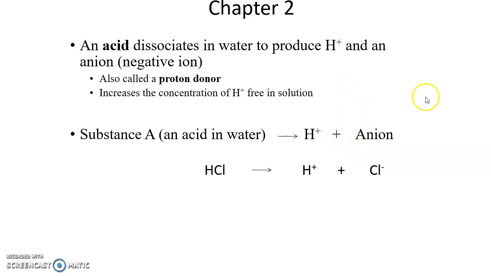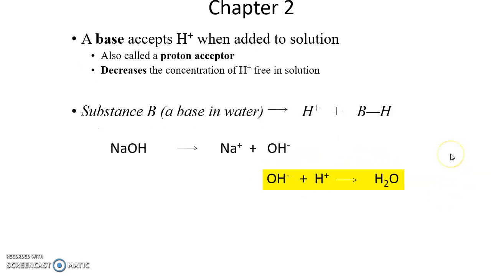Acids are electrolytes that dissolve in water and produce a hydrogen ion and an anion. So acids generate hydrogen ions. So for instance, hydrochloric acid will dissolve in water to form hydrogen ions plus negatively charged chloride ions. Bases, on the other hand, dissociate into electrolytes that will be able to bind to a hydrogen ion.